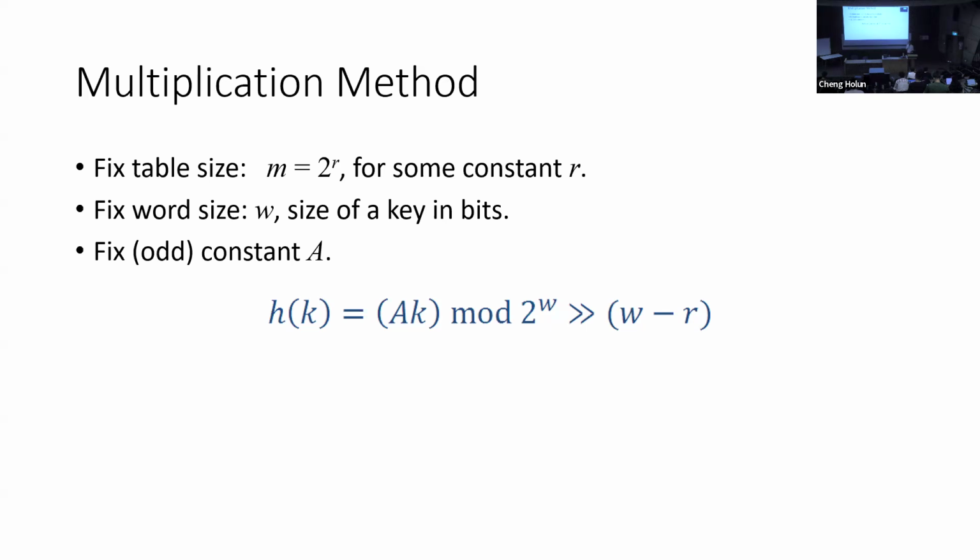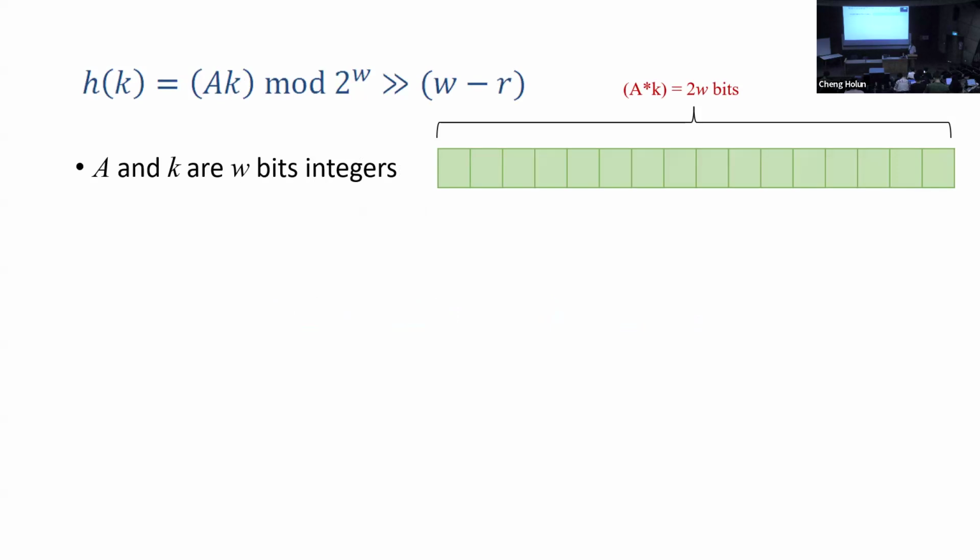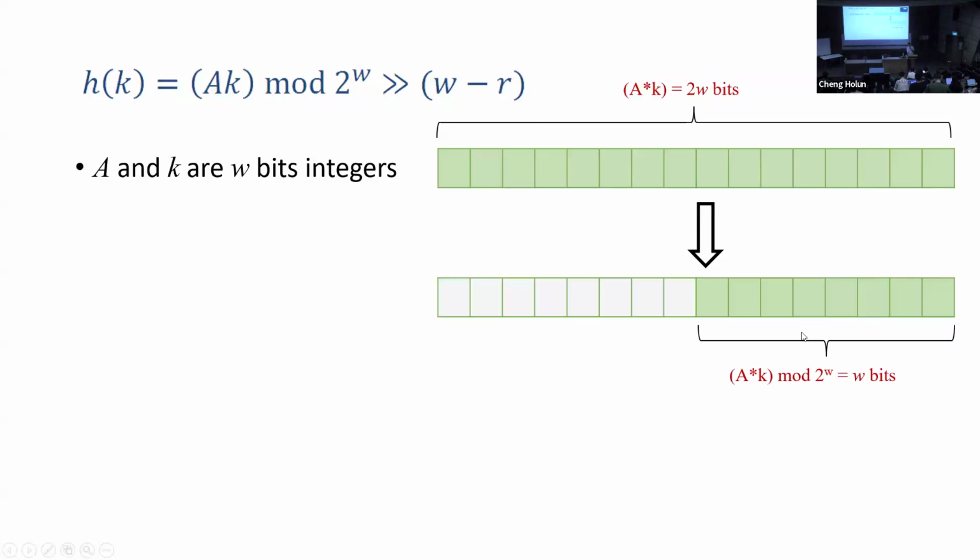Why do I want to do this? Let's analyze it step by step. First, if a and k are w bits, this term a times k will become 2w-bit words, because a w-bit word times a w-bit word will become a number of 2w bits. By modulo 2^w, it means I only take the lower w bits.